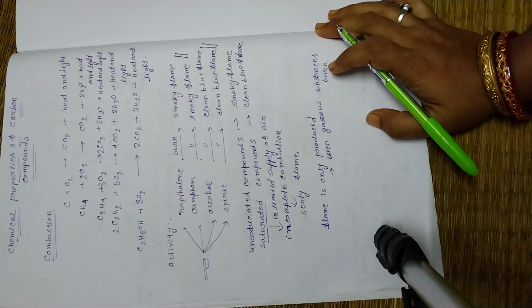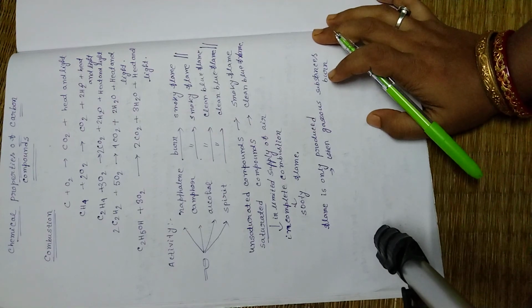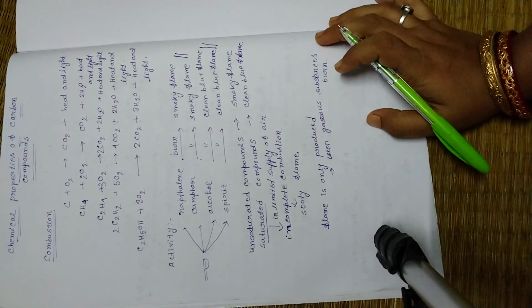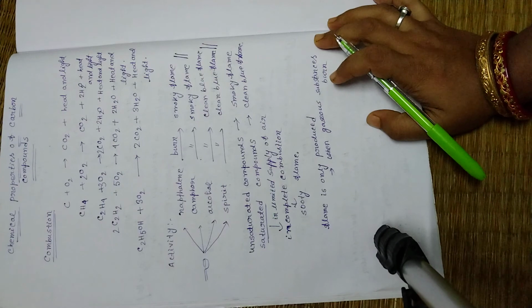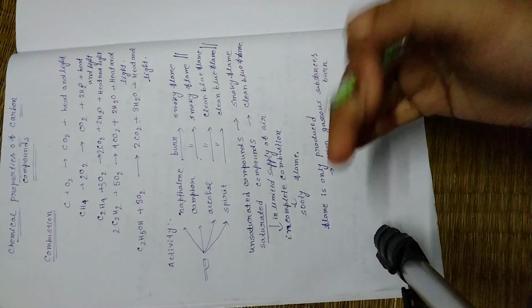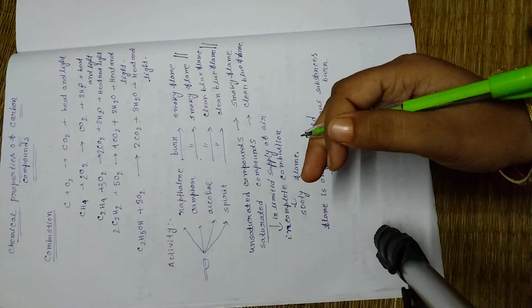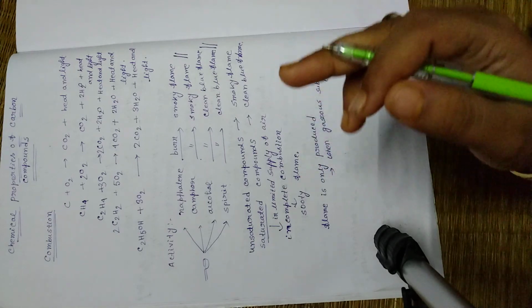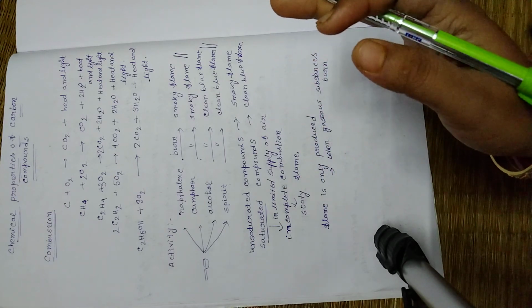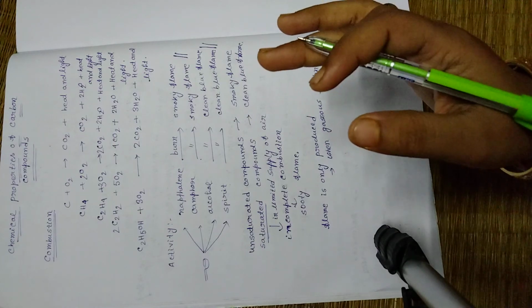Okay, so flame is only produced when gaseous substances burn. And you must remember that in another case we can see a luminous flame when atoms of gaseous substances are heated.